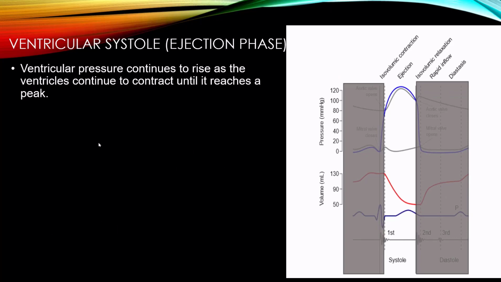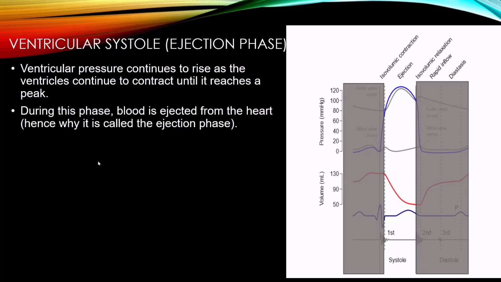Ventricular pressure continues to rise as the ventricle continues to contract until it reaches a peak. The valve is open and the contraction in the ventricle is still in progress until it reaches the peak. At 80-85 the aortic valve opens, and at 120 it reaches its peak.